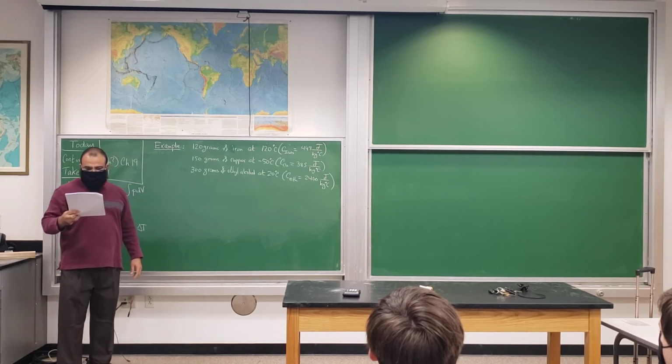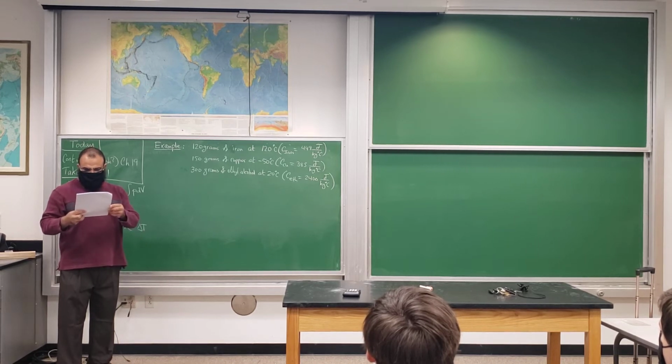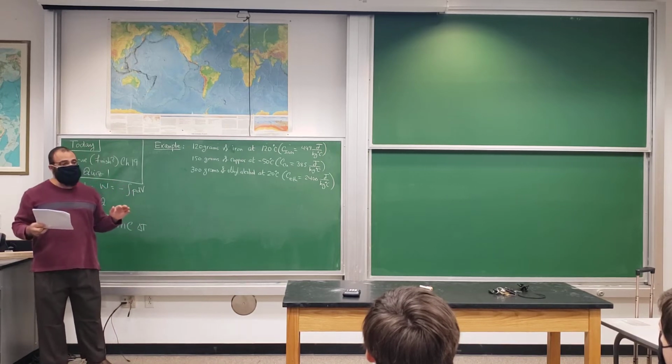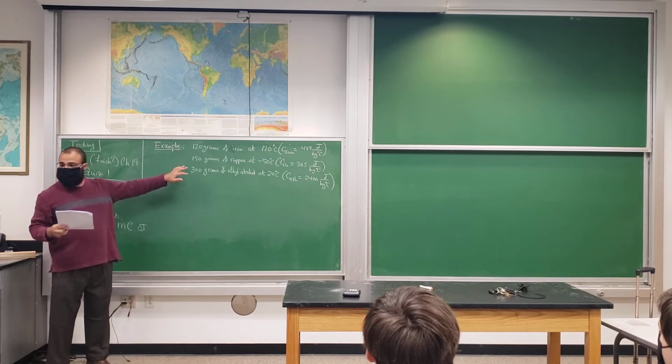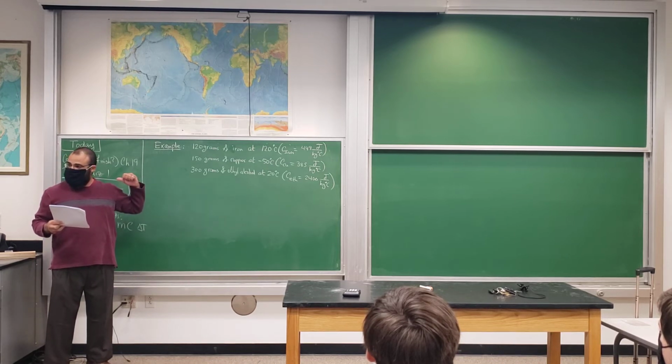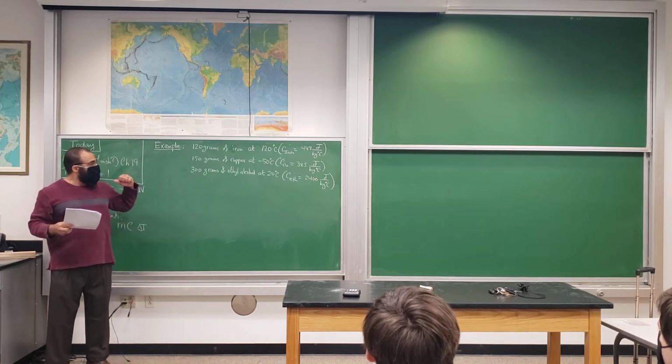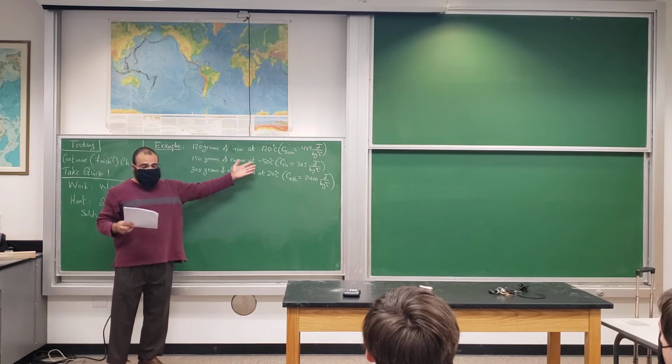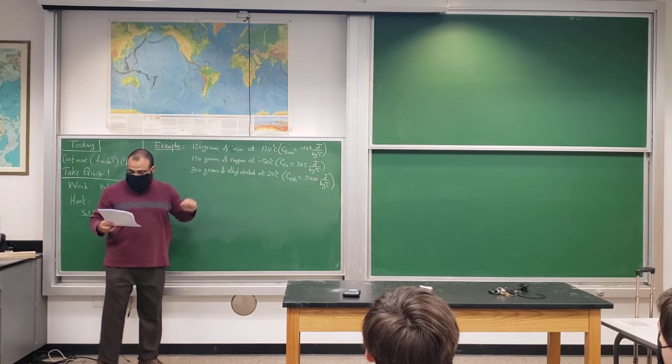However, it freezes at negative 114 degrees Celsius. So do you think the ethyl alcohol is going to freeze? No. I mean, nothing is at negative 114 degrees Celsius, so it's not going to reach that.